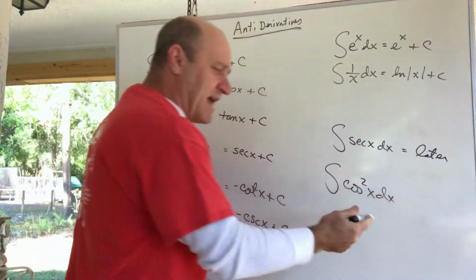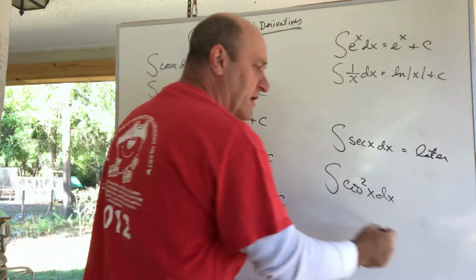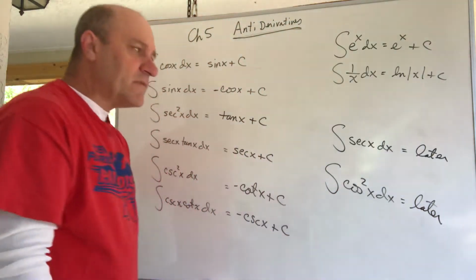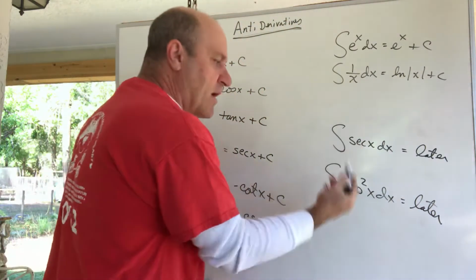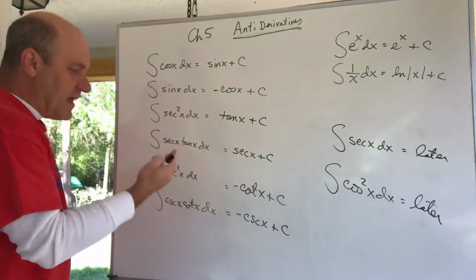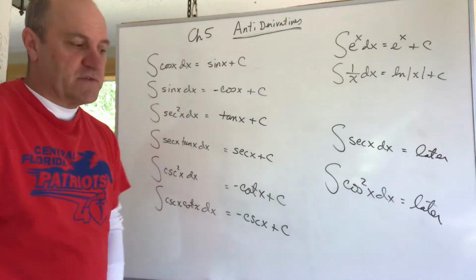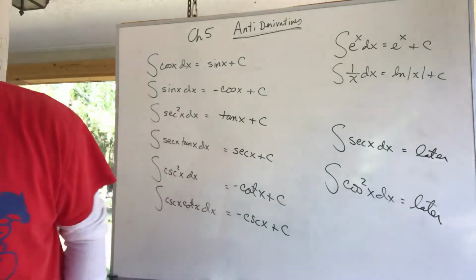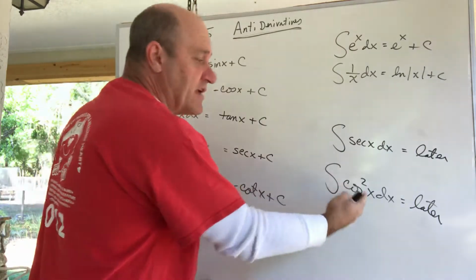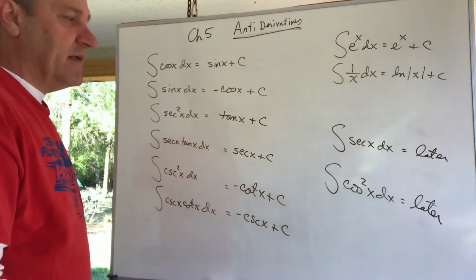This is not famous. I have to do a lot of manipulating and learning. That comes later. So there are a lot of things, if I just throw up some integration here, you can't do. You can only do the ones that fit these forms that we've learned so far. As we progress through this chapter and through Cal 2, we learn a lot of integration techniques that help us out.